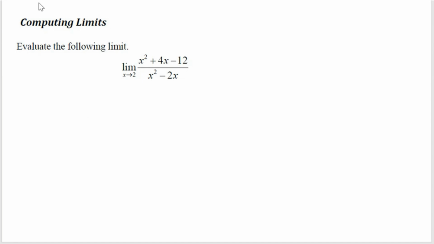We will check what will happen if we substitute the value of x as 2. So we have 2 squared plus 4 times 2 minus 12 all over 2 squared minus 2 times 2. So we have 4 plus 4 times 2 is 8, so 8 plus 4 is 12, so 12 minus 12 is 0, and this one is also 0.